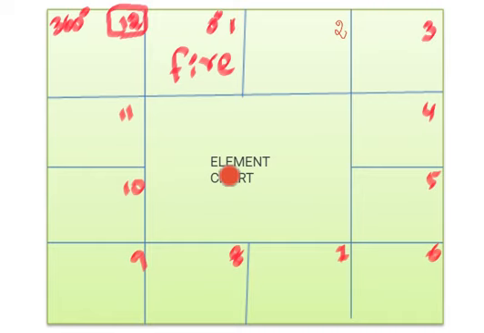Next, we know this house is Taurus. The basic element for Taurus we will represent as land. The third house, Gemini, belongs to air. The fourth house is water.